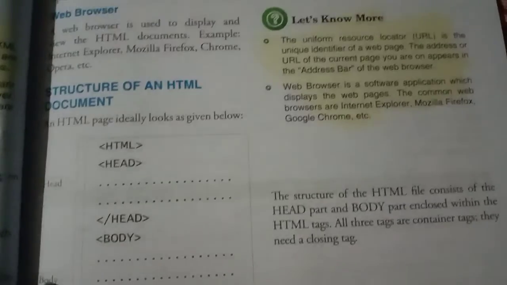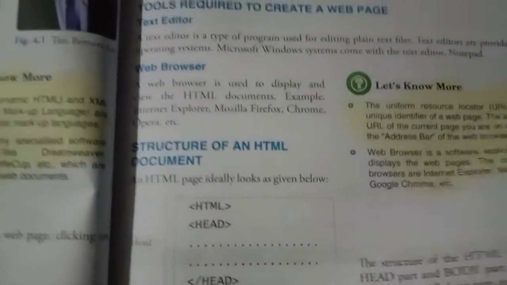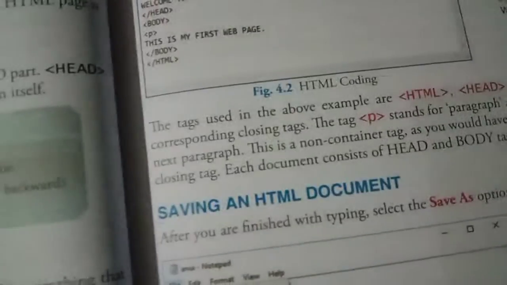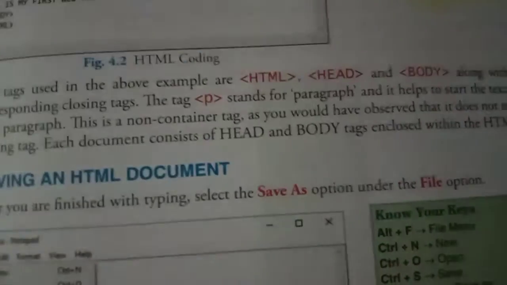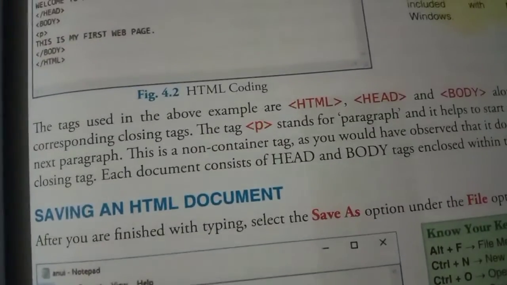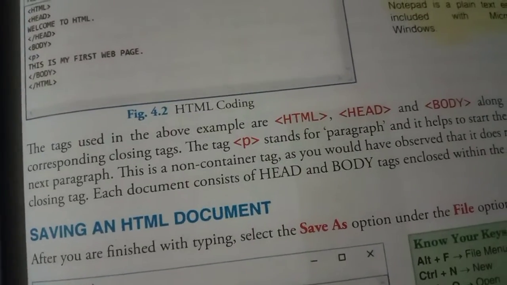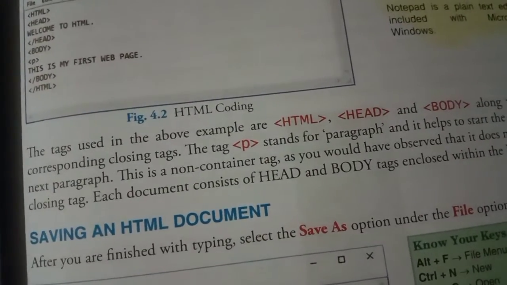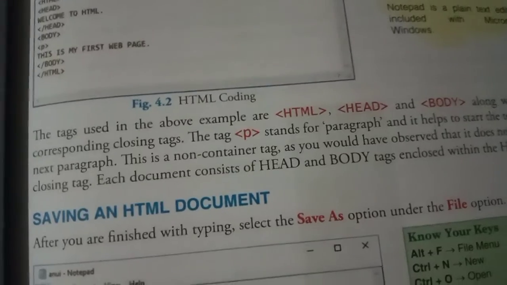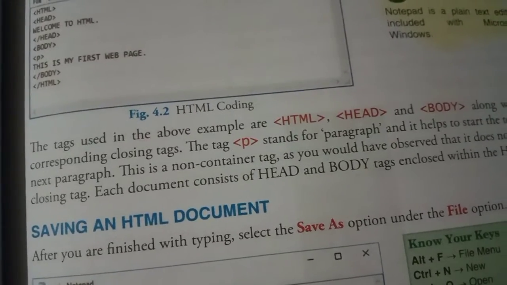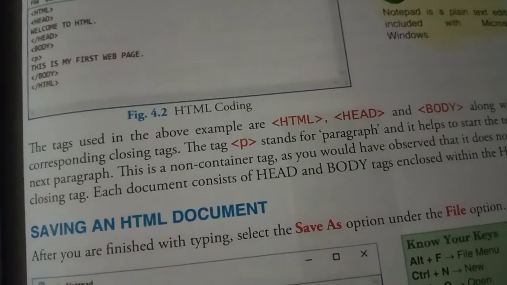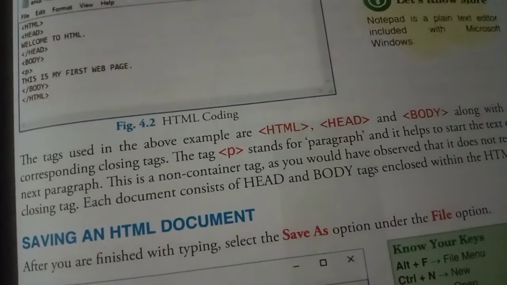Now moving forward, this one is the introduction of the HTML. And what is HTML? This tag specifies that the document is written in HTML, and with the backward slash it is the closing tag. This signifies the end of the HTML document.